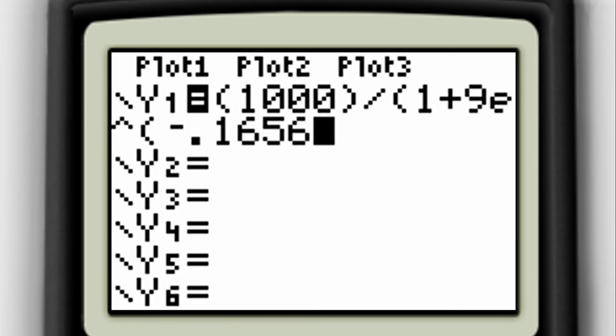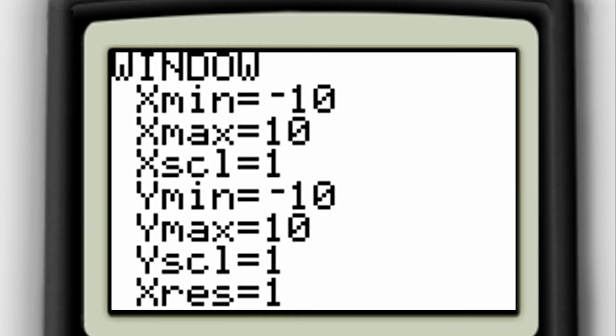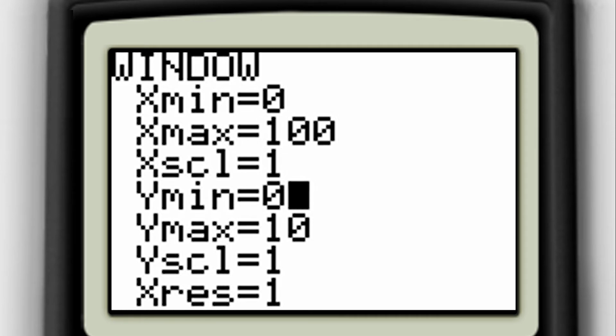After we enter all of this in, we can press graph. We'll see a logistic curve show up. We can always adjust the window as well. I adjusted my window to 0 to 100 on the x-axis and 0 to 1,300 on the y-axis. So now you can see the logistic curve.